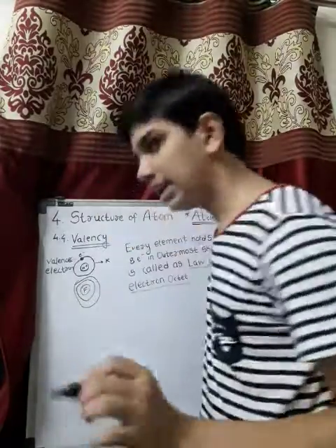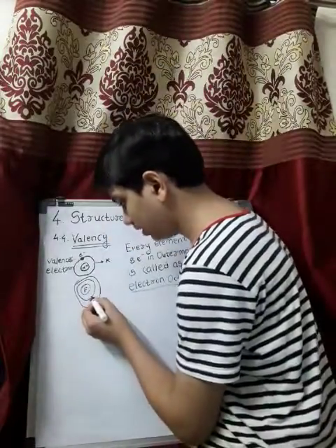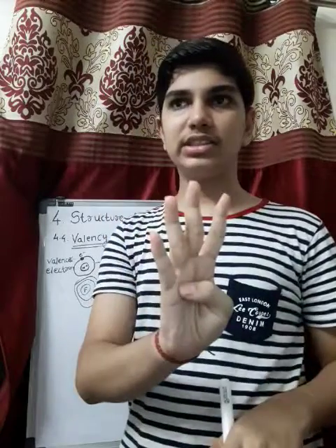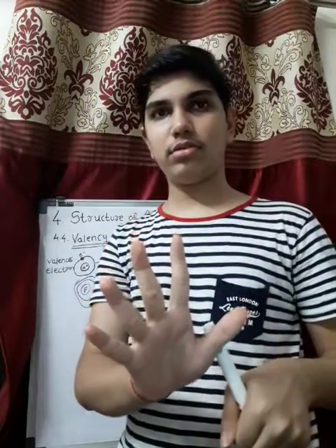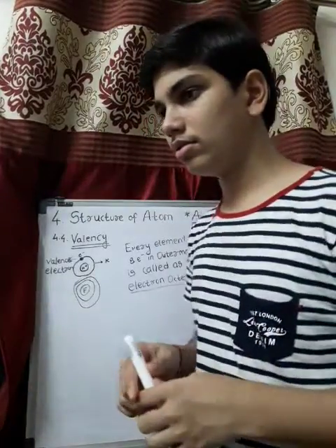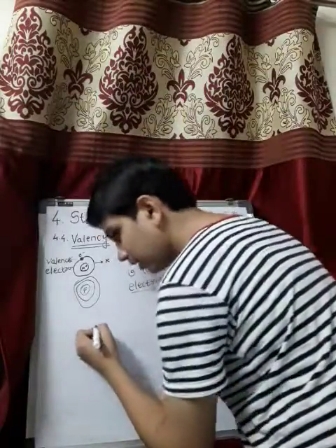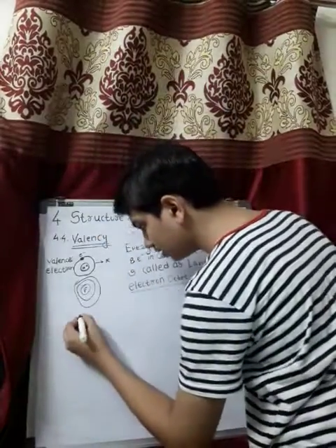It has 10 electrons. Let me count the position: hydrogen, helium, lithium, beryllium, boron, carbon, nitrogen, oxygen, fluorine. Right? So 1, 2, lithium, beryllium, 1, 2, 3, 4, 5, 6, 7. Let me see how it comes.